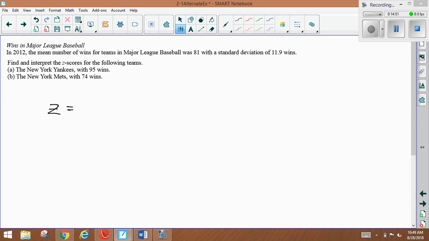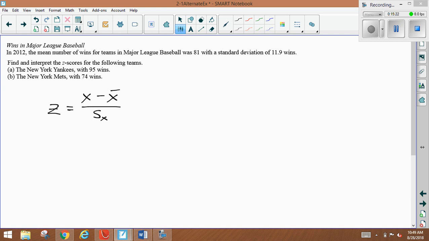The position of any x value is whatever that x value is, minus the mean, divided by the standard deviation. Remember, we call the mean x bar, and we're calling the denominator S of x.